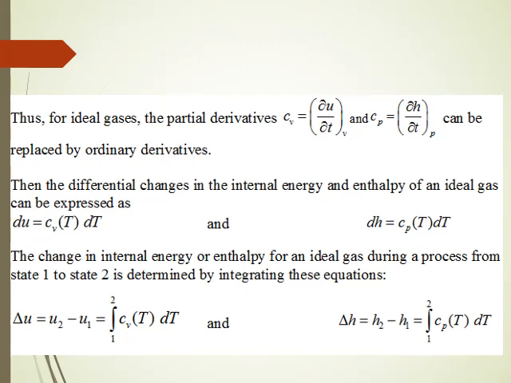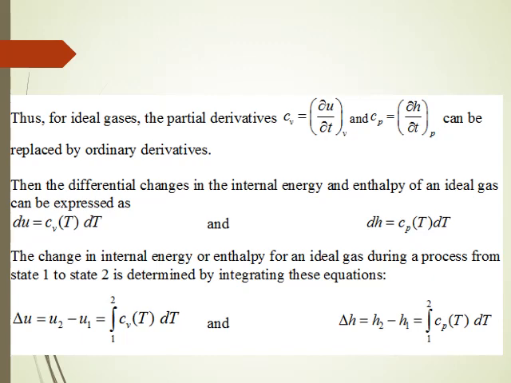Now the change in internal energy or enthalpy for an ideal gas during a process in which the substance changes its state from 1 to 2 can be determined by integrating these equations. That is, Δu = ∫Cv dT and Δh = ∫Cp dT.